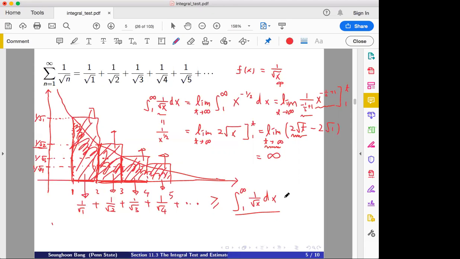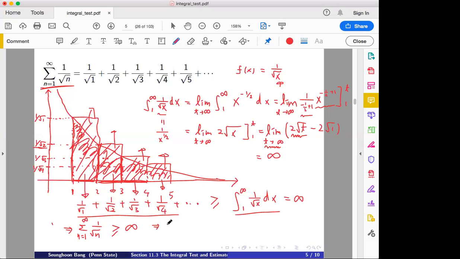We have this conclusion. You can write this summation in summation notation: the summation from n equal to 1 to infinity of 1 over the square root of n is greater than or equal to infinity.